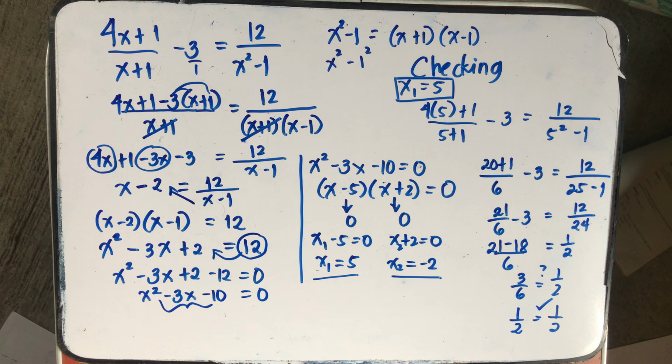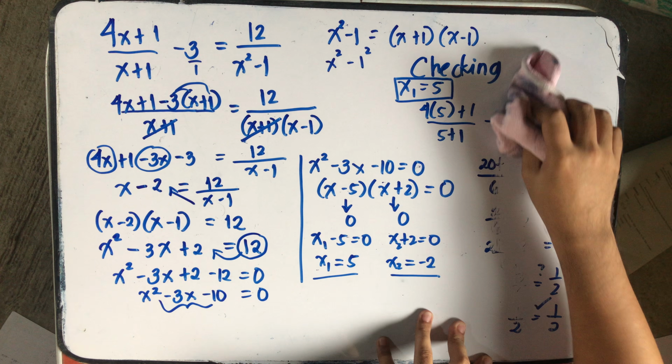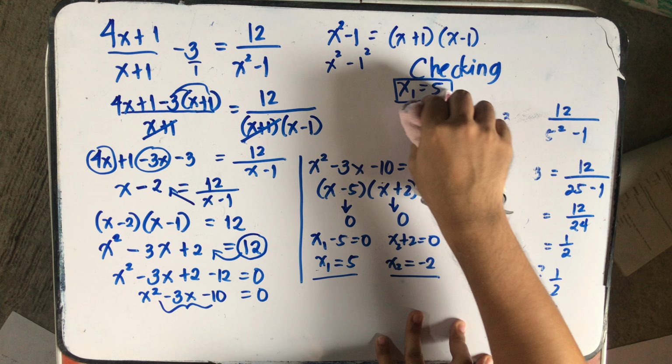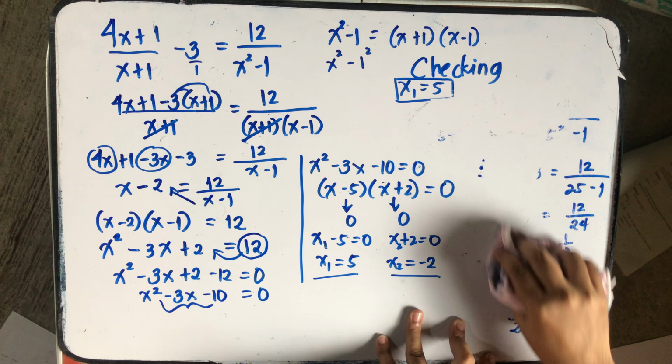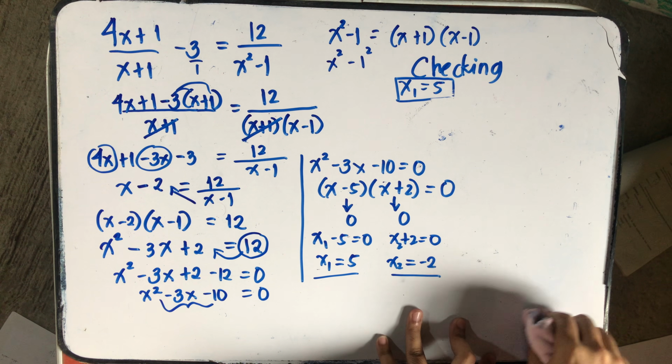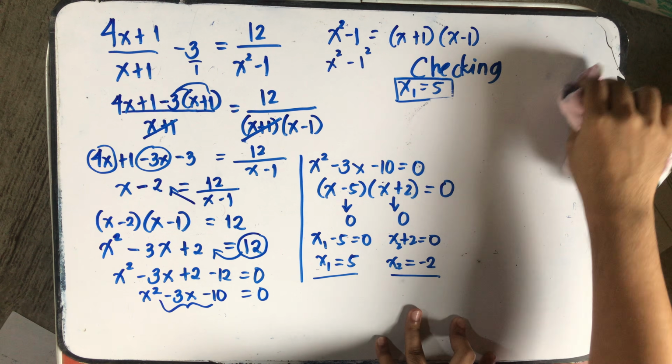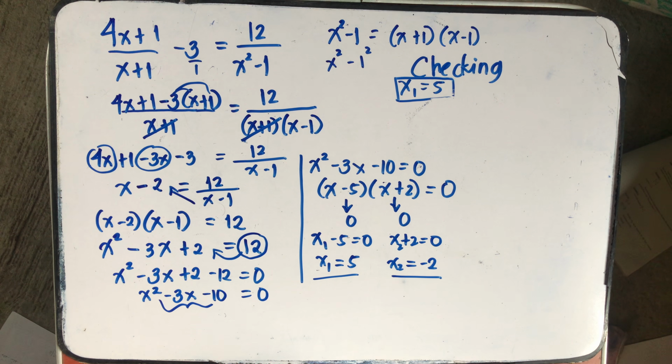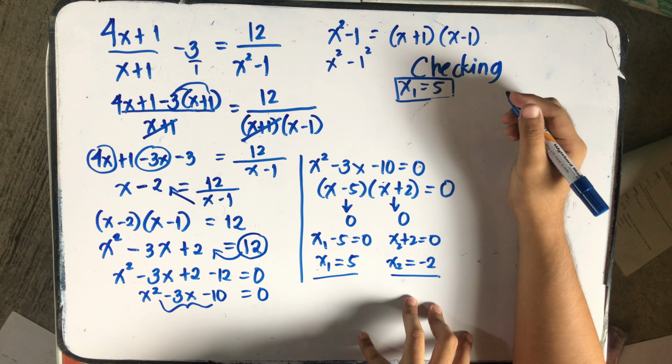How about if x is equal to negative 2? Let us try to find out if x is equal to negative 2 is also a solution of the rational equation. So, let us now substitute negative 2 to the given.